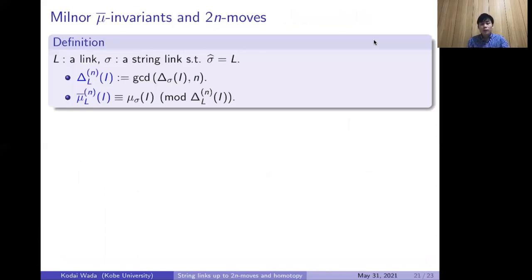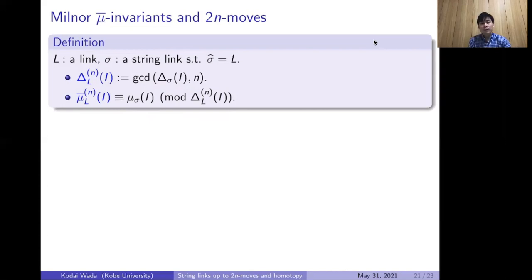Here we introduce two new invariants of links. Let L be a link, and let sigma be a string link whose closure represents L. We define delta N L (I) as the greatest common divisor of delta sigma (I) and N. We also define mu-bar N L (I) as the residue class of mu sigma (I) modulo delta N L (I).